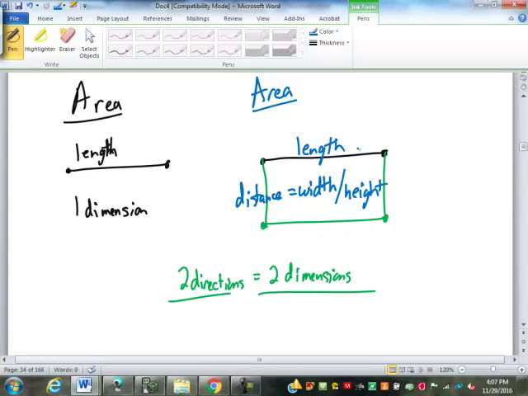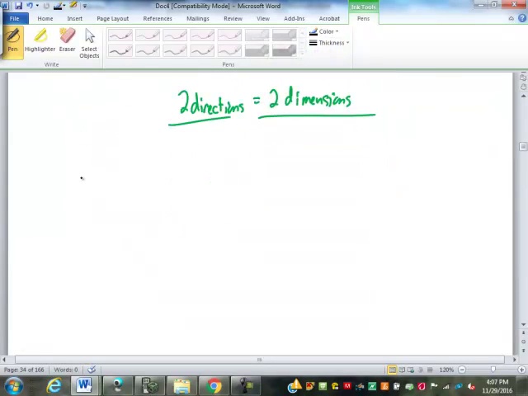If you're thinking of it as standing up on a wall, it would be a height. So the area is equal to that length times that distance, or that width, we'll call it for now. So if I give you a rectangle, technically I should give you at least one right angle in the corner to tell you that that's a rectangle.